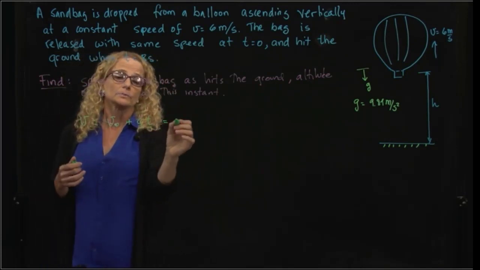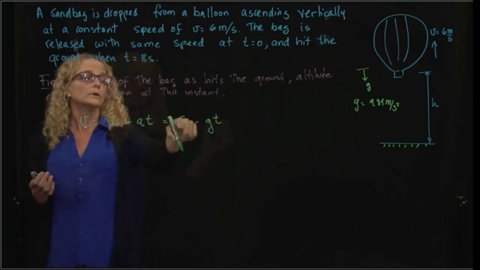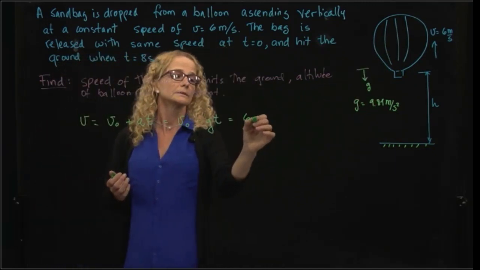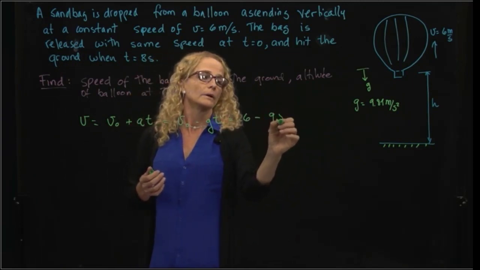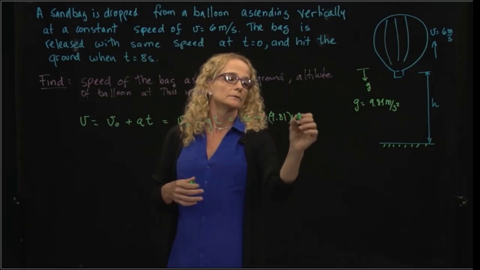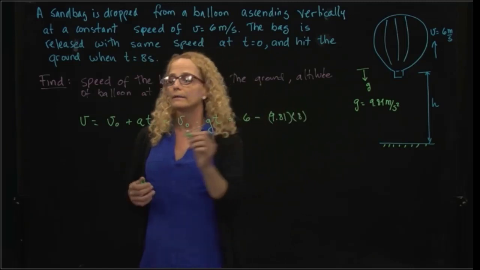Our acceleration is the gravity. The initial velocity is the same as the balloon, 6, and the gravity is 9.81. It hits the ground at 8 seconds, so we multiply by 8 and then calculate the velocity.